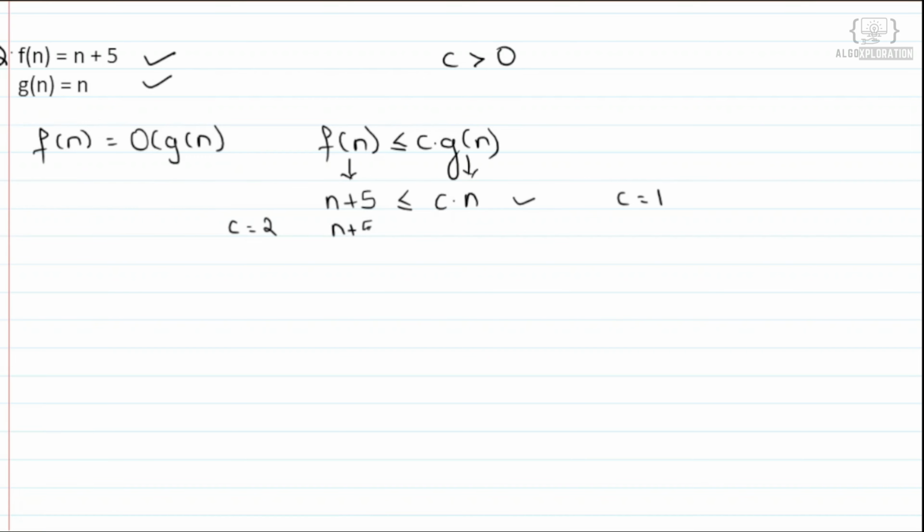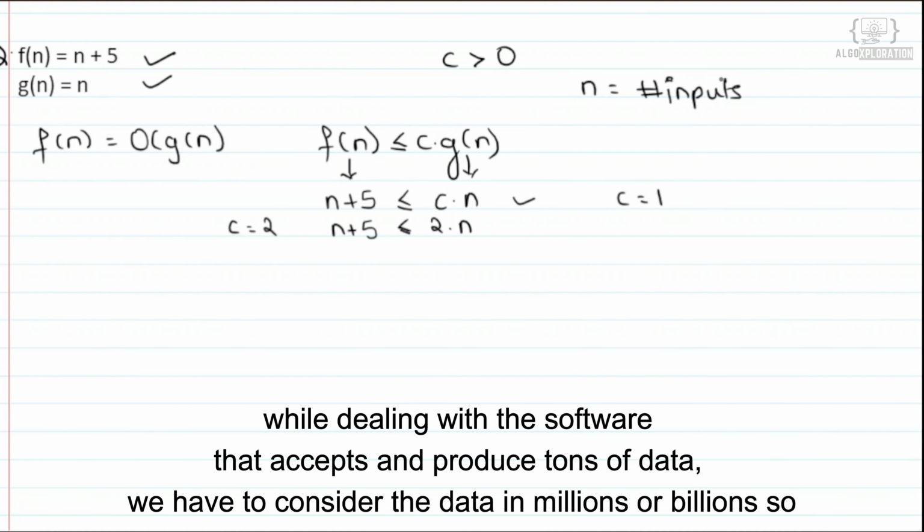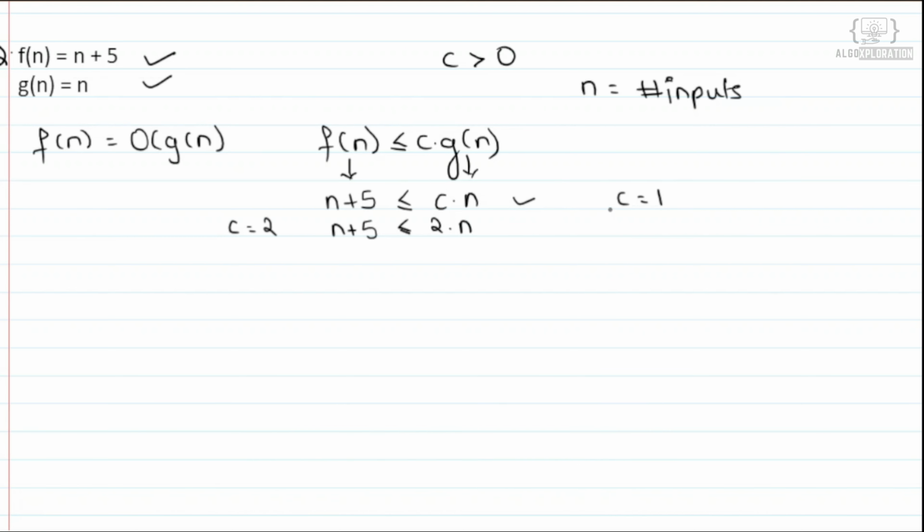n plus 5 is less than or equal to 2 into n. Now we have to substitute some value of n. Now what actually does n mean? n is the number of inputs. Now let's take n as 10 raised to 5.